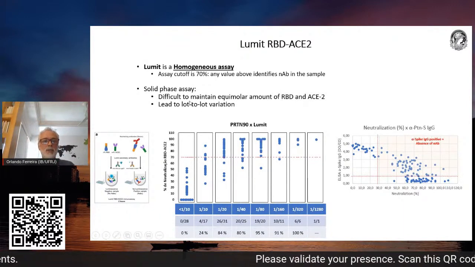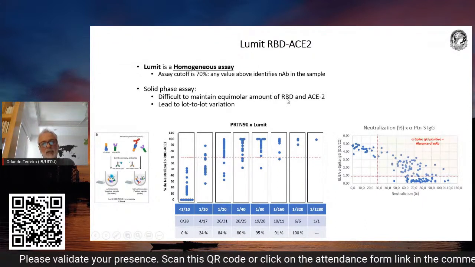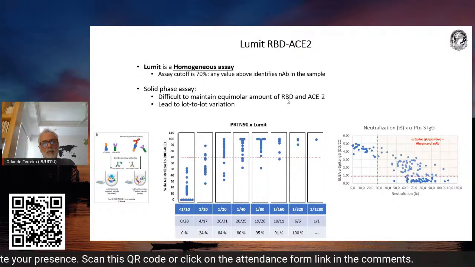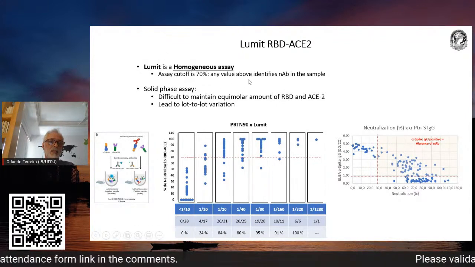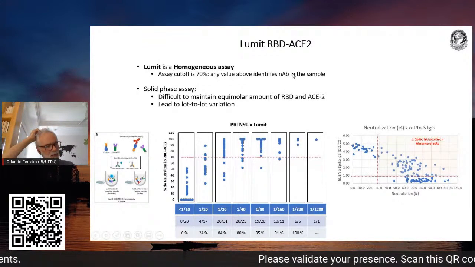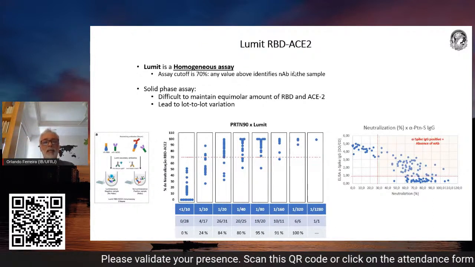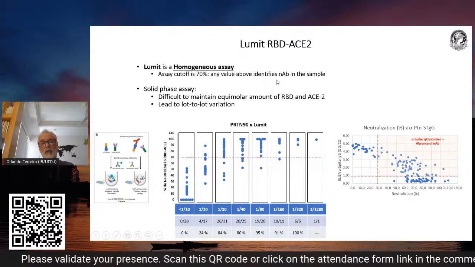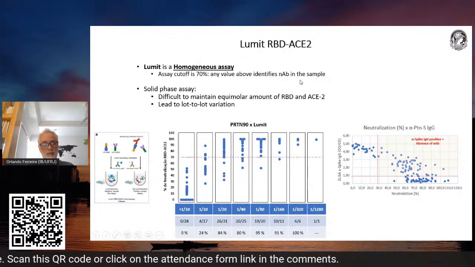And it leads to a lot of variation and makes it difficult to account for the relationship between these two amounts of the reagents that you need in the assay. So a homogeneous assay doesn't need that. You do the reaction in solution. You know exactly how much of each of the reagents you're adding, and the only thing that varies is the amount of the antibody that is present in the sample.